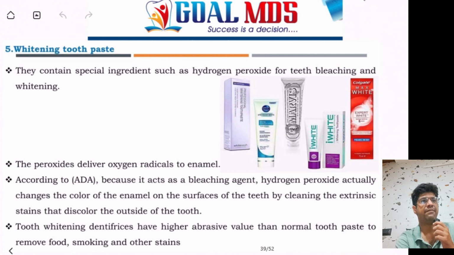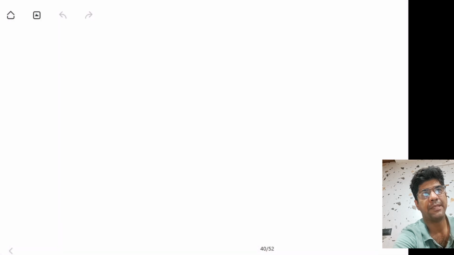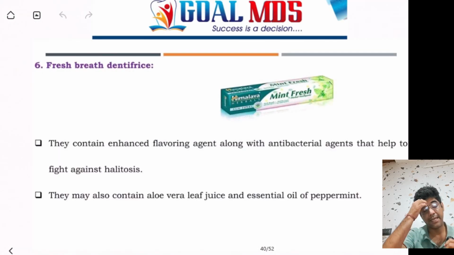The peroxide will deliver the oxygen radical to the enamel. According to ADA, because it acts as a bleaching agent, hydrogen peroxide changes the color of enamel by cleaning the extrinsic stains that discolor the outside of the tooth. So the ingredient that causes tooth whitening is hydrogen peroxide.